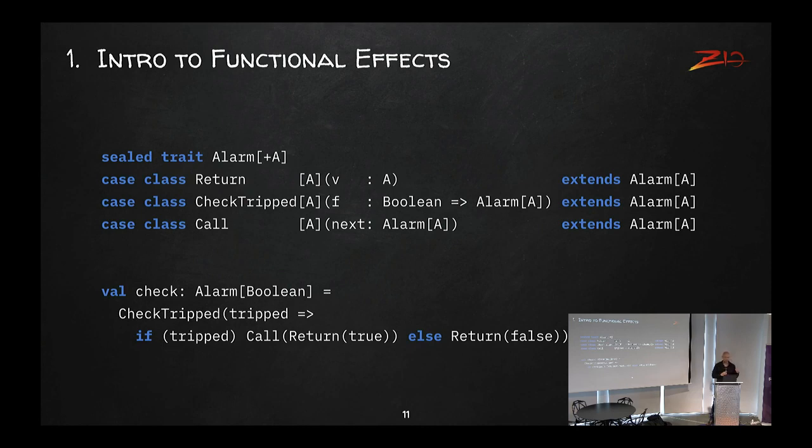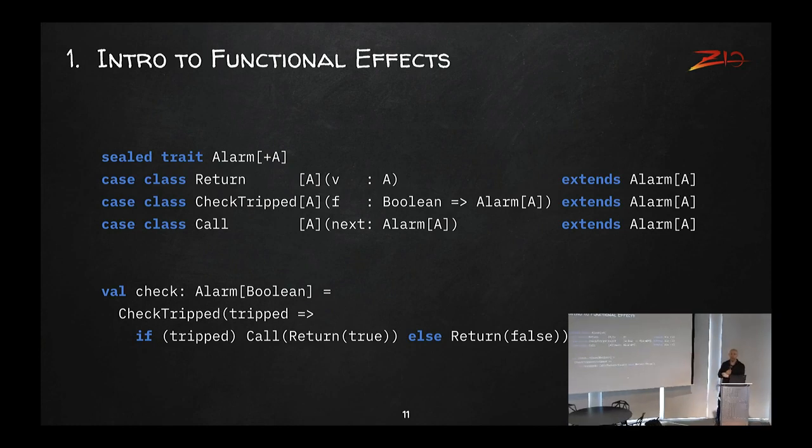And finally, it's going to have a call instruction, that allows us to describe the act of calling the security company, as well as whatever we want to do after we call the security company.